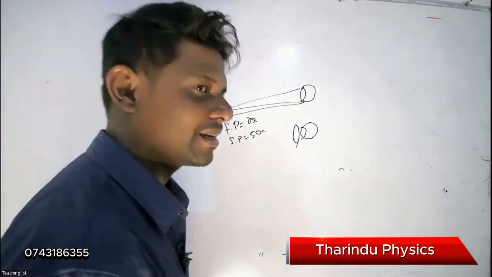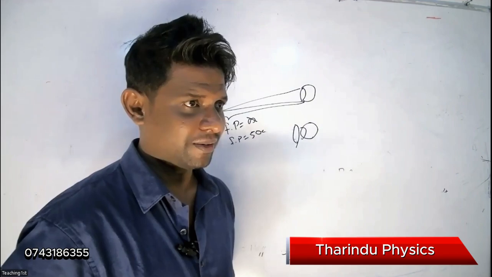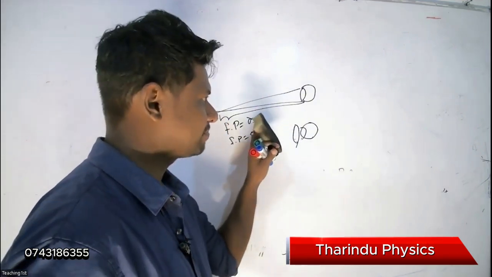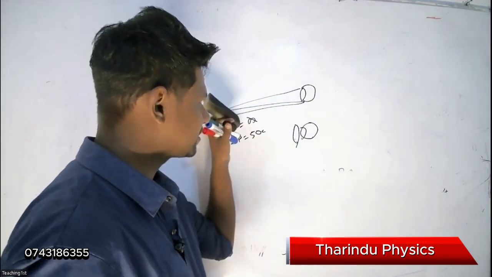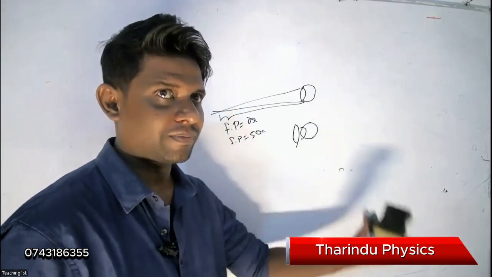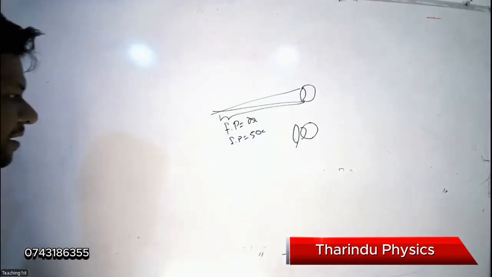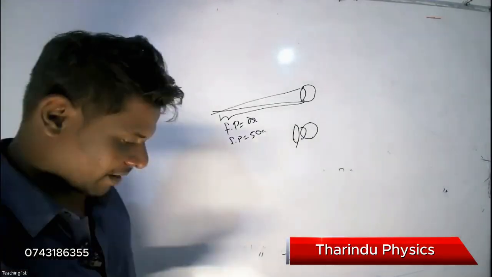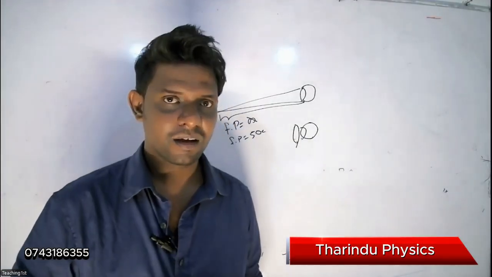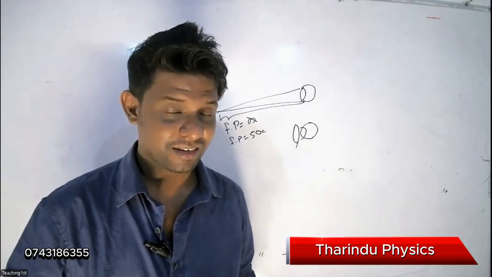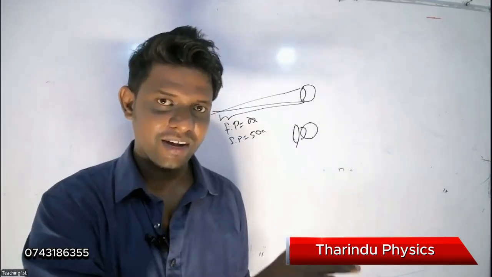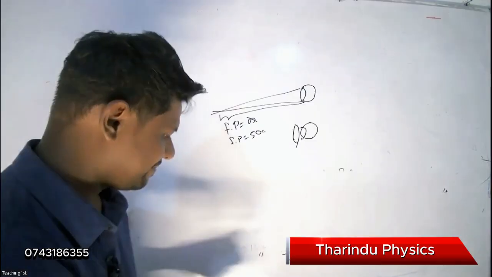Right. It asks what is the type and power. Up to means only up to 50. If something is beyond 50, he cannot see. Okay. The main logic of eye lens calculations is nothing more than this: place the final image where he can see.